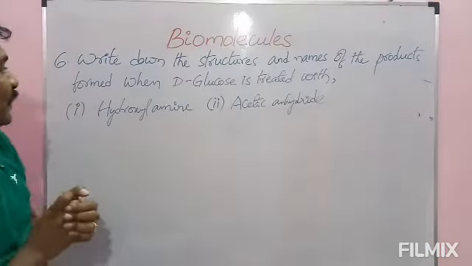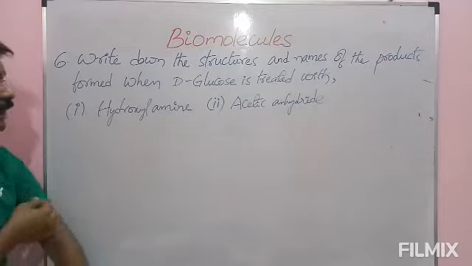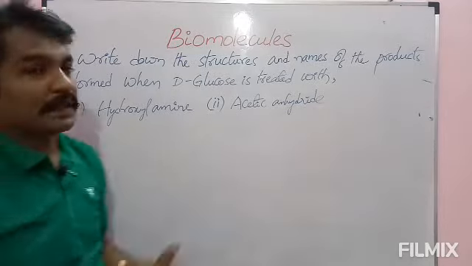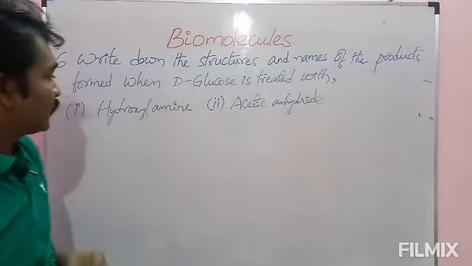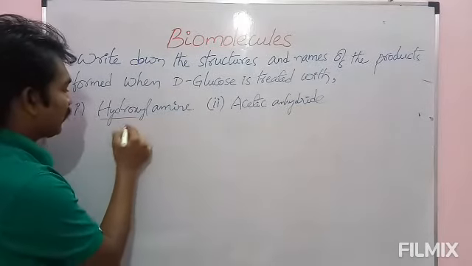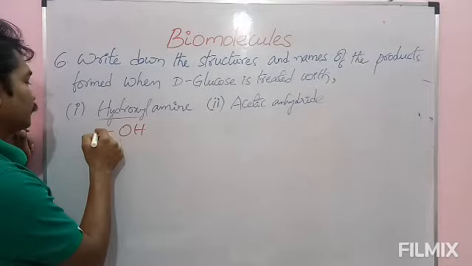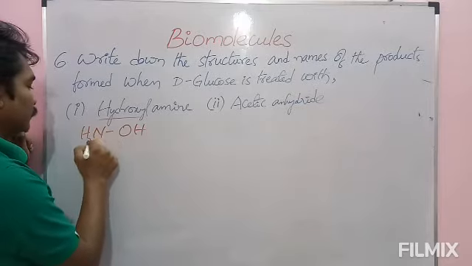Next one is, write down the structures and names of the products formed when D-glucose is treated with hydroxylamine and acetic anhydride. What is the formula of hydroxylamine? Hydroxylamine, the name itself says hydroxyl group, and it has an amine group, NH2.